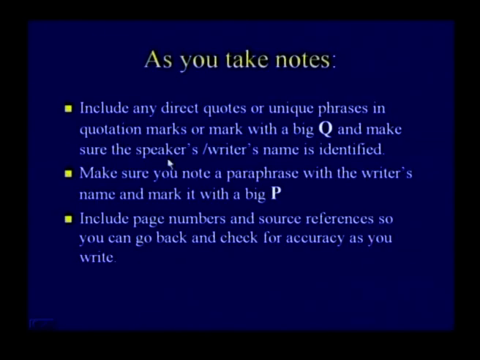And make sure that the writer's name is identified. Similarly, when you want to paraphrase, when you are reading, write a big P. Similarly, include page numbers and source reference so that you can go back and check for accuracy as you write.